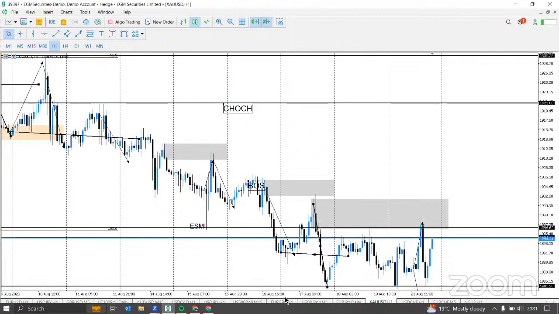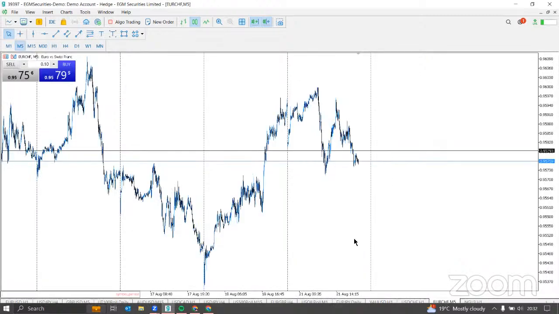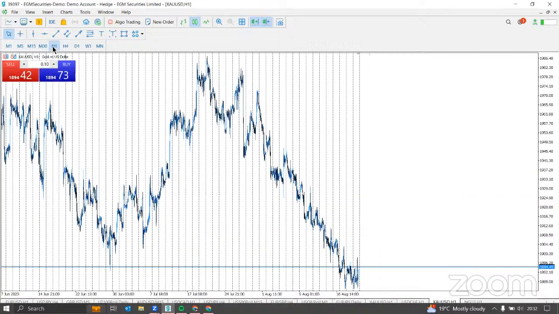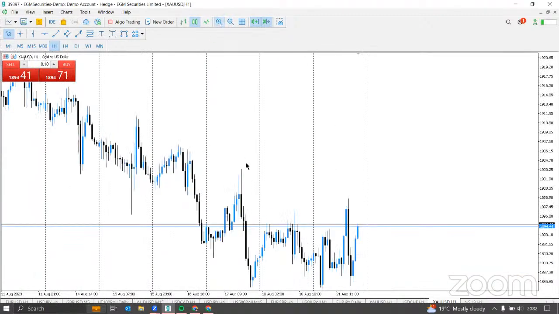Let me have a clearer chart on gold somewhere else. Okay, so this is the chart for gold. It's a solid downwards trend. And this was our last move. This was the last impulse move from here to here.